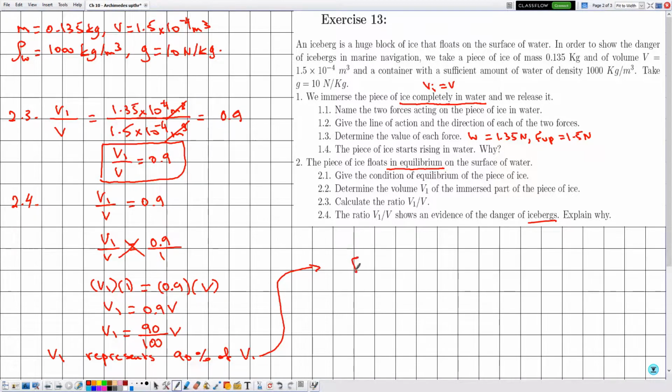For this reason, the majority of the volume is inside the liquid or is immersed in the water.